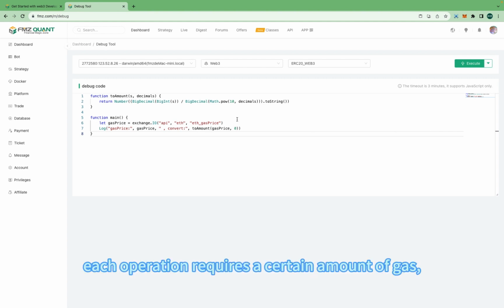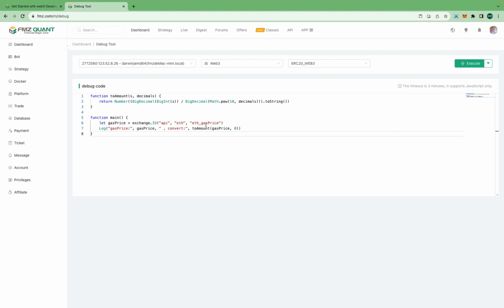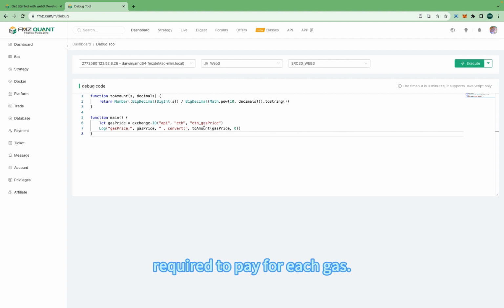In Ethereum, each operation requires a certain amount of gas, and the amount of gas consumed in a transaction depends on the number and complexity of operations included in the transaction. Therefore, gas price can be understood as the unit price of ether required to pay for each gas.